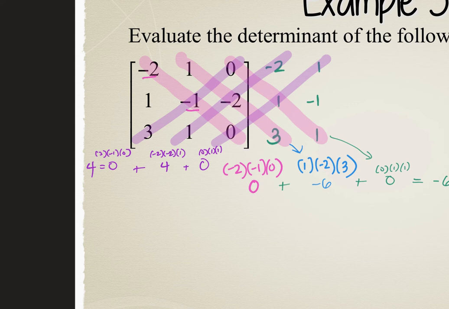So this would be -6 minus the second number I got, and that's your determinant. So it's like a big giant fish because you have to do 3 diagonals. Yep, that's the determinant of that matrix.